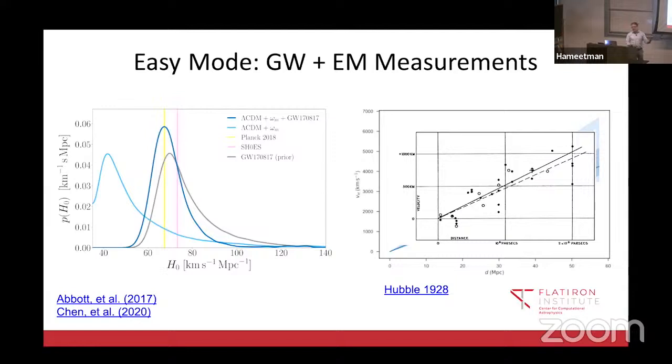If you use the redshift of that galaxy and the distance we measured in GW190521, you can combine those two measurements and get a curve that looks like this blue curve, which is slightly better than GW170817 alone, but still not interesting in terms of the Hubble tension, which is a current problem in cosmography, where measurements of the Hubble constant from the early universe or from present-day properties derived from the early universe differ dramatically from measurements based on a local distance ladder.